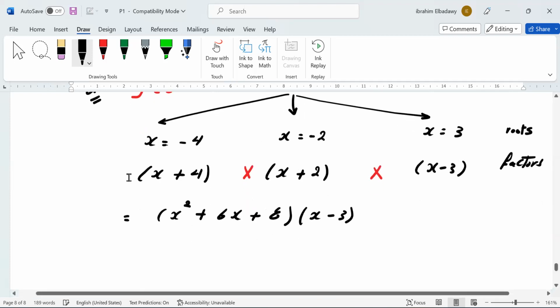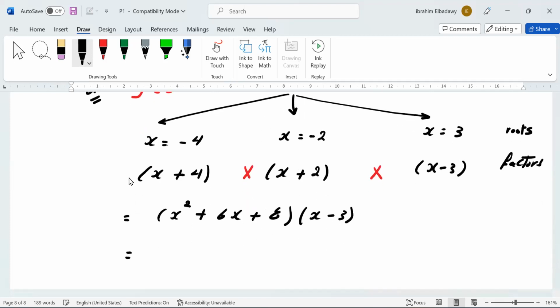Then simplify the last one: it will be x cubed plus 6x squared plus 8x minus 3x squared minus 18x and then minus 24.